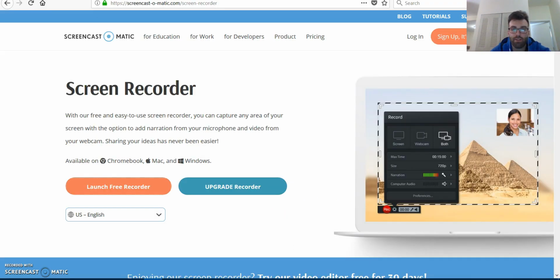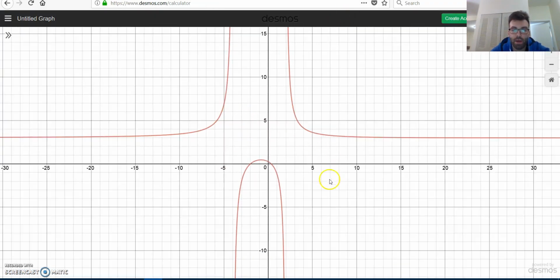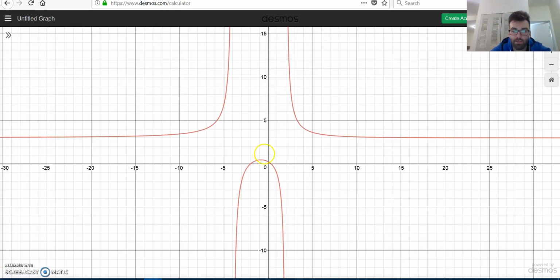So when I think about the graph of this function, let's talk about -4 first. At -4 from the left, what's my function doing? Oh, it's going up, up, and away, so it's going to positive infinity. At -4 from the right-hand side, what's my function doing?